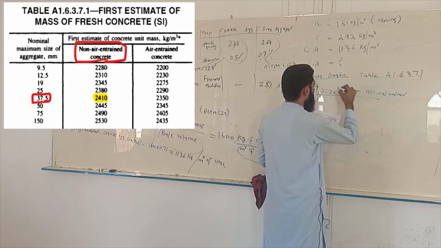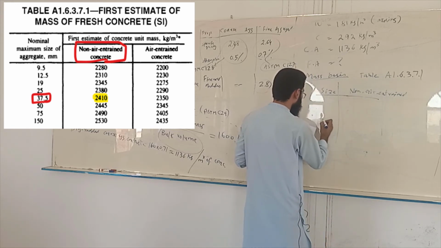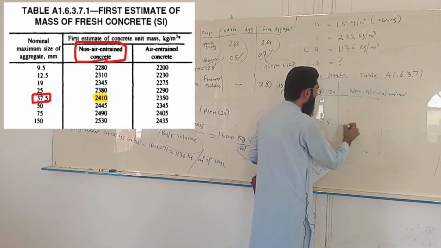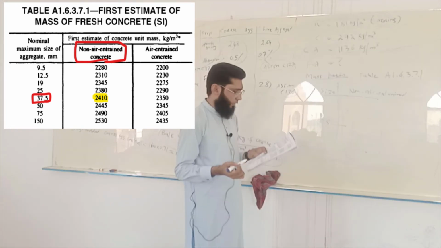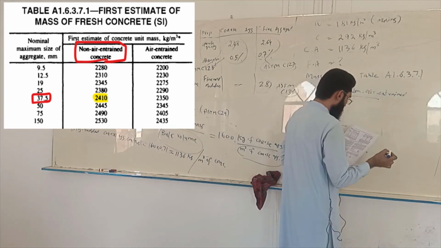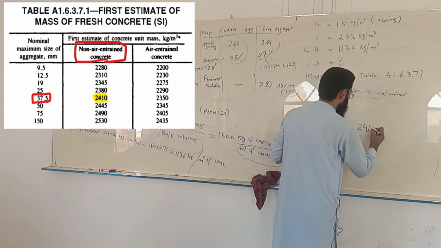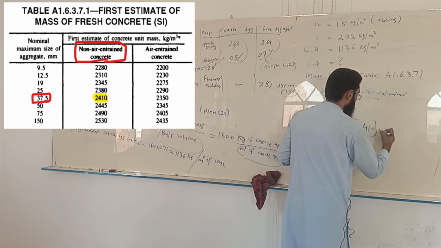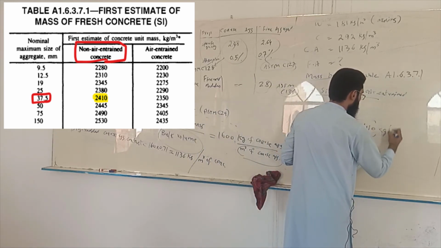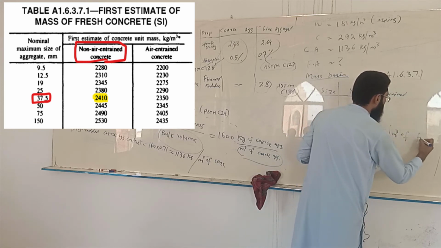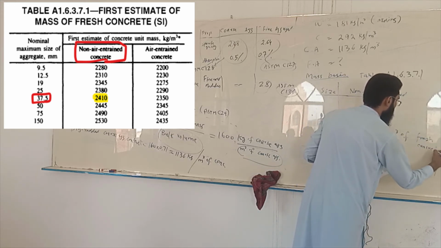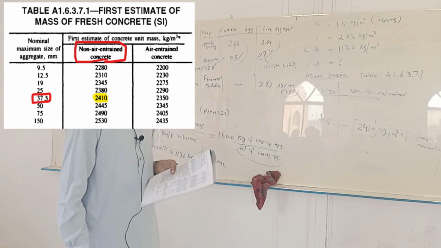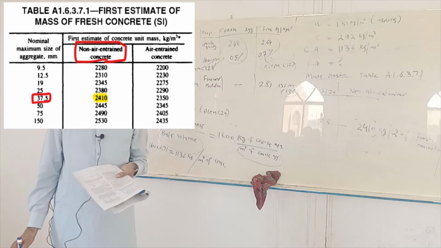If the nominal maximum size of coarse aggregate is 37.5 millimeters for our case, and it is non-air entrained concrete, the estimate is 2410, and this is the fresh density of concrete, per meter cube of fresh concrete. By the way, all these terms are for the fresh concrete. Did you get it? Yes, sir.